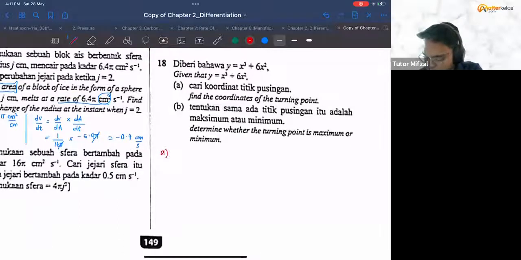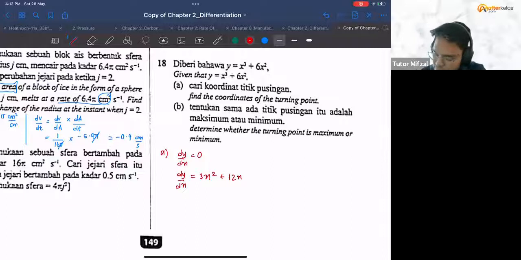So the first thing that we have to do is we have to make our dy over dx equivalent to 0. So dy over dx is equivalent to, x cubed, which is 3x squared, when we differentiate it, plus 12x. Okay, 3x squared plus 12x.